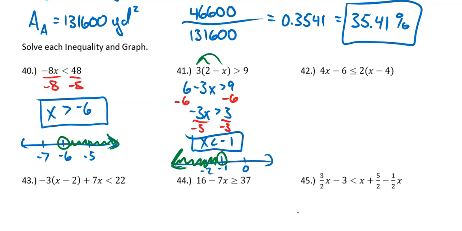If I look at the next one, once again, distribute the 2, simplify and then solve the same way we would solve an equation. I have to get the variables on the same side, just like I do with equations, so I'm going to subtract the 2x from each side.